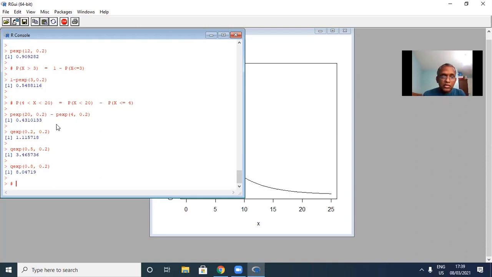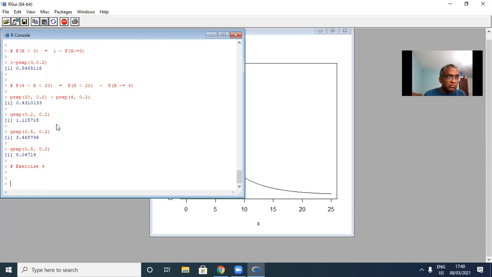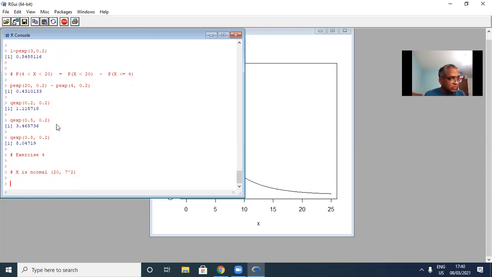Okay, let me go to the next question, which is exercise 4. Exercise 4 is about the normal distribution. So we're assuming x is normal with parameters, the mean equal to 20 and variance equal to 49, or 7 power 2.